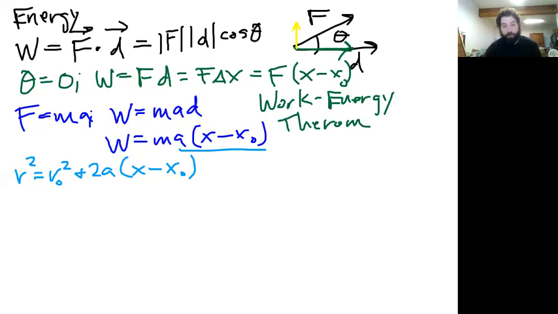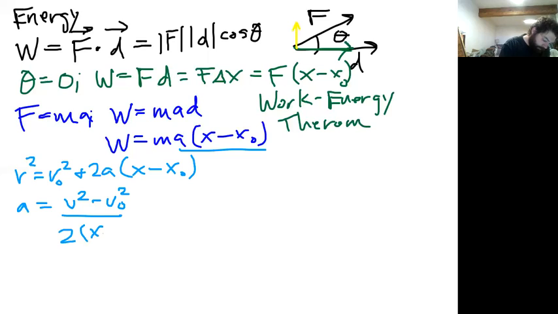So what we want to do is basically replace that, put that in for the acceleration. And then a is going to equal v minus v naught over 2 times x minus x naught, or D. Actually, it's easier, I guess we'll just leave it that way. Either way.